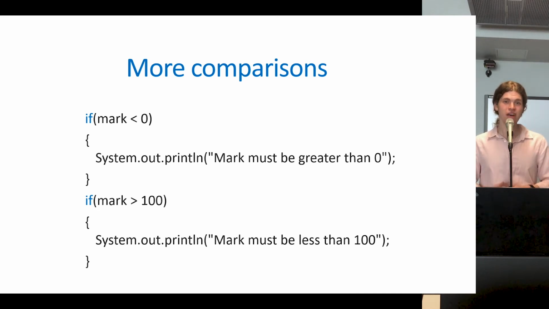For example, if mark had the value of, say, 101, that's not less than 0 in the first test. It's greater than 0, so the evaluation of that comparison is false. But in the next comparison, if mark was 101, it is greater than 100. Therefore, we would execute the statement which prints out a message to say that mark must be less than 100. This is the logic that we are defining for our program: mark has to be between the value of 0 and 100.